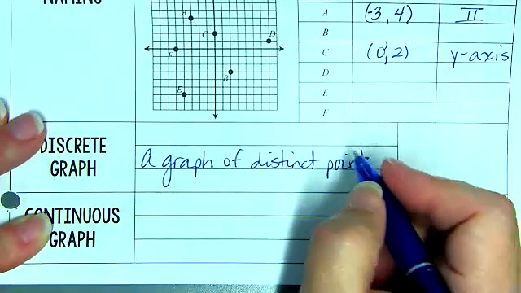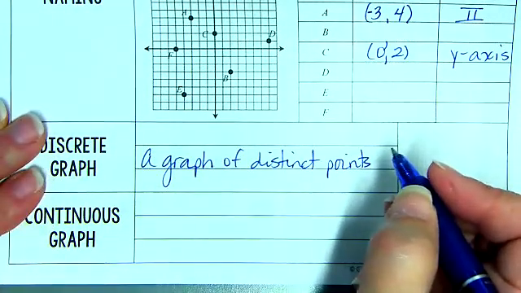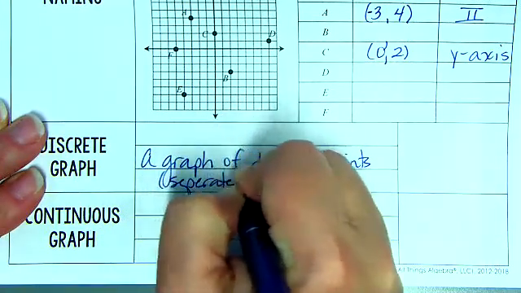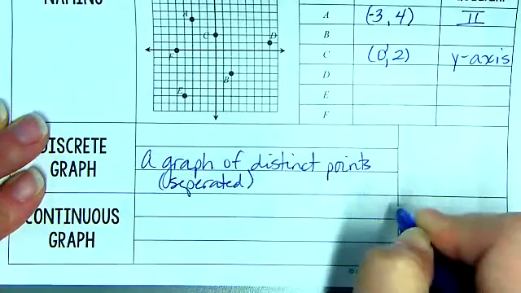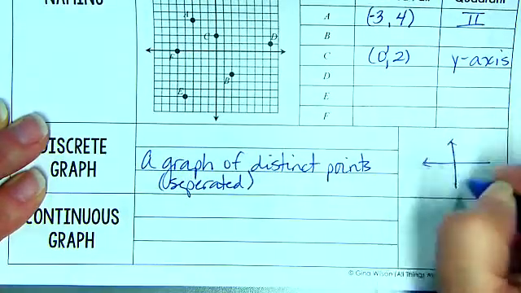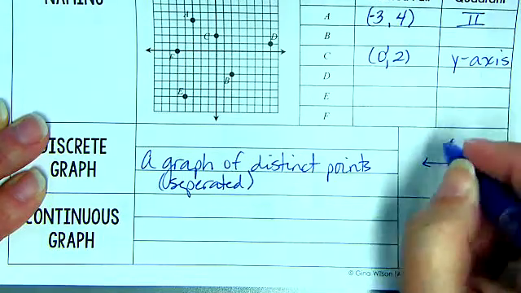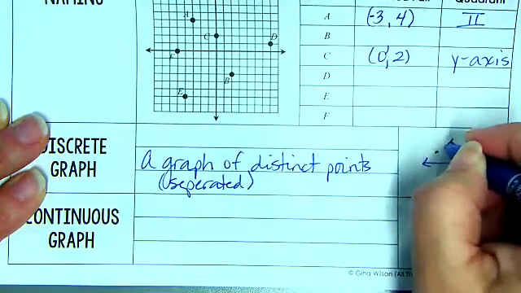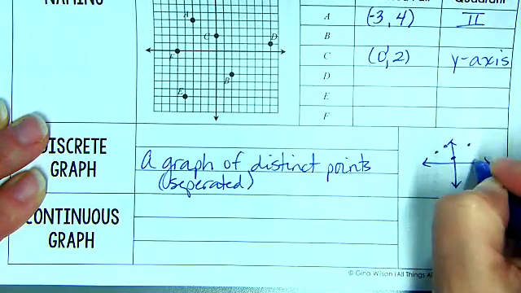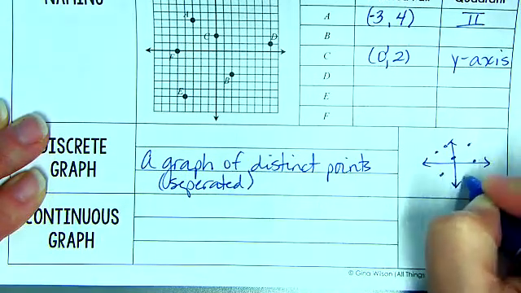Okay, discrete means it's separated is one way you can think about it. Separated. So for instance, if this were my graph, these are all distinct points.